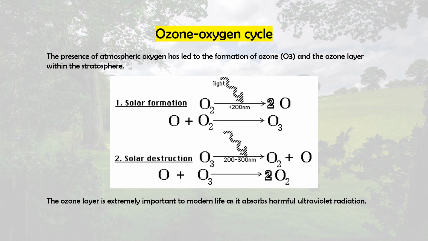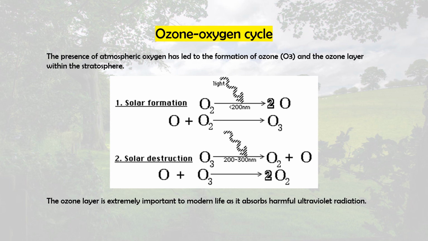Through the combination of oxygen with free radical oxygen, O, we get ozone, O3. But first we have to split the oxygen into free radical oxygen atoms, which is possible due to UV light of less than 200 nanometer wavelength. So by splitting an oxygen molecule into two oxygen atoms, we get our ozone.